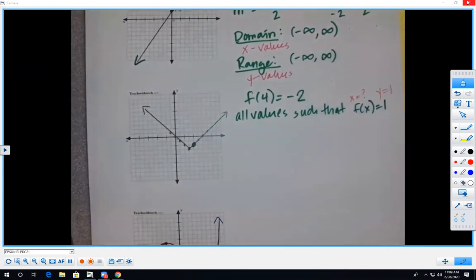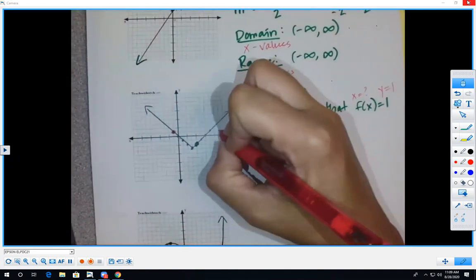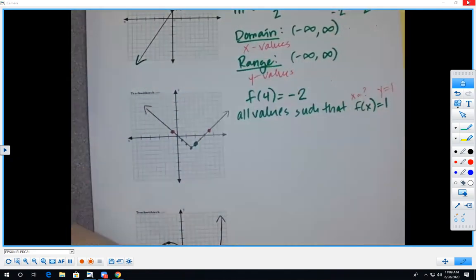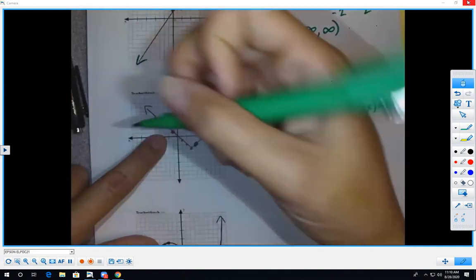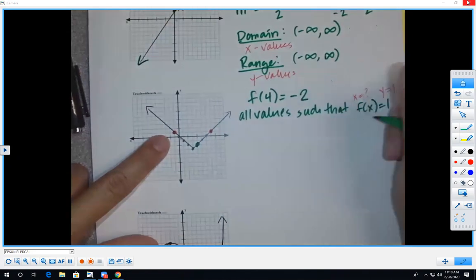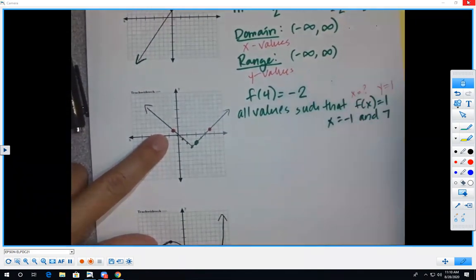So go on your graph and find the points where your y value is 1. That'd be this point here and this point here. What are the x values for those 2 points? Yeah, -1 and +7. So x is -1 and +7.